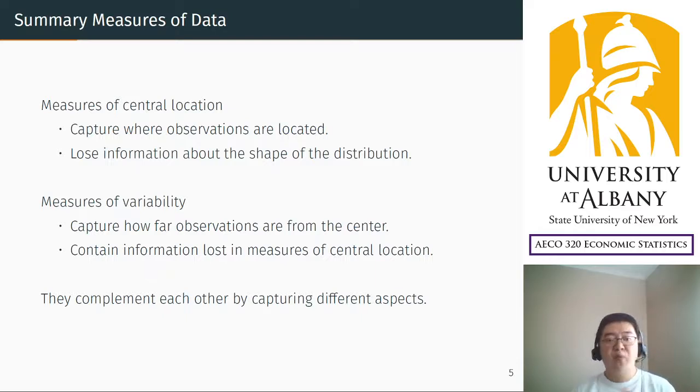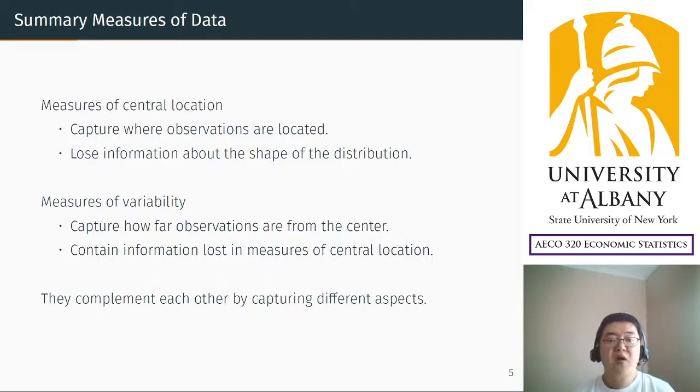Of course, a measure of variability is not perfect. Neither is a measure of central location. They complement each other by presenting different aspects of the distribution. So these two usually go together, and you have to check both when you study some data.